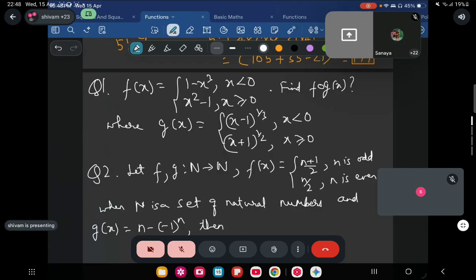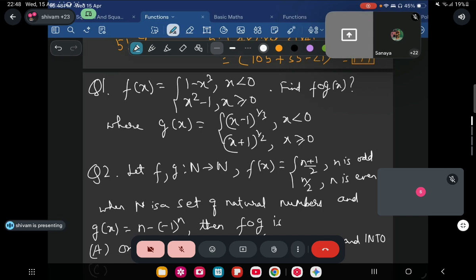Then f of g is: option A, one-one and onto. Option B, one-one and into.